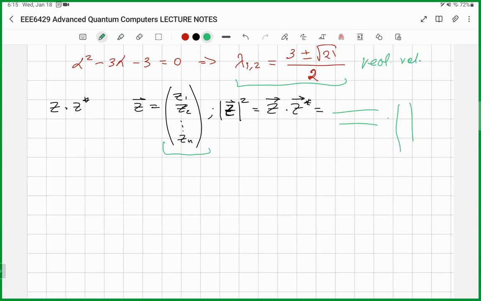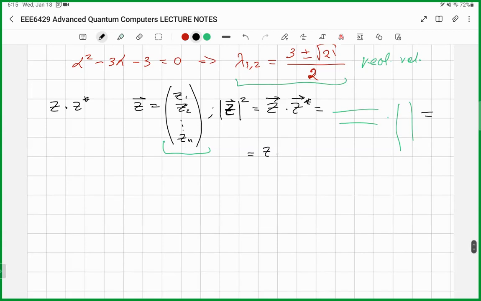So taking the product this way, I will get z1 times z1 conjugated plus z2 conjugated, etc., all the way up to zn complex conjugate.